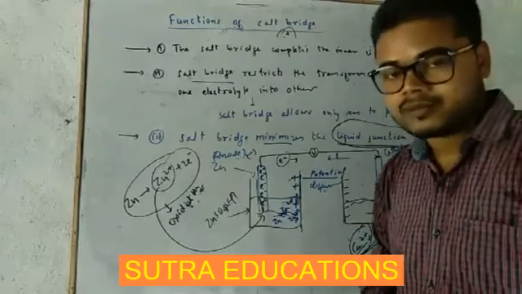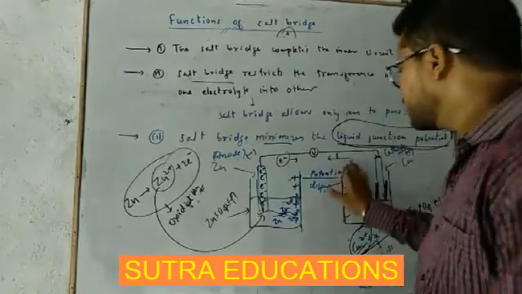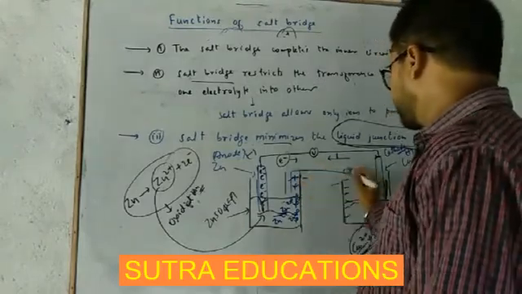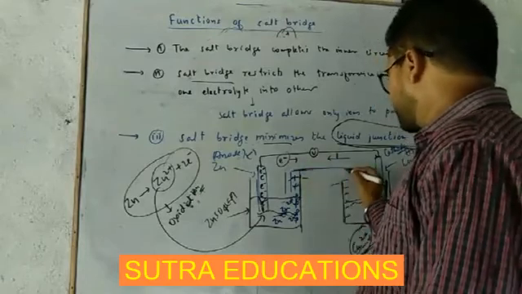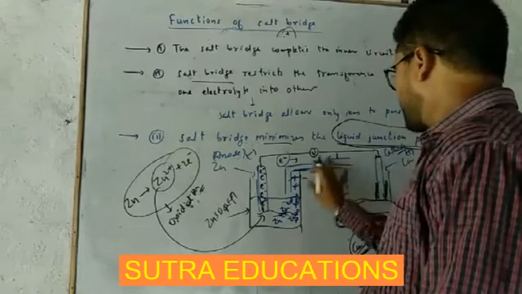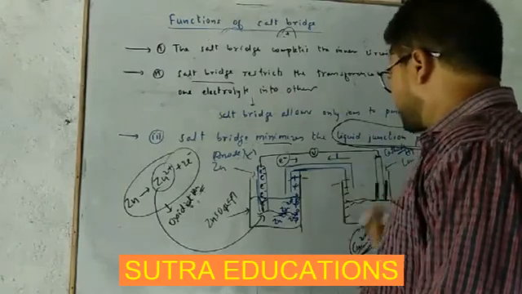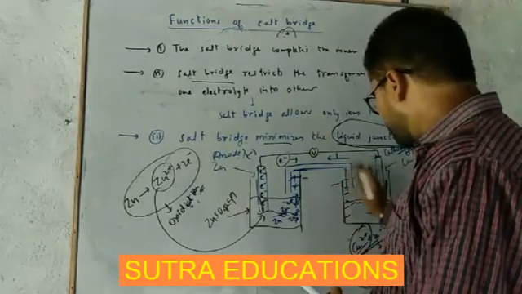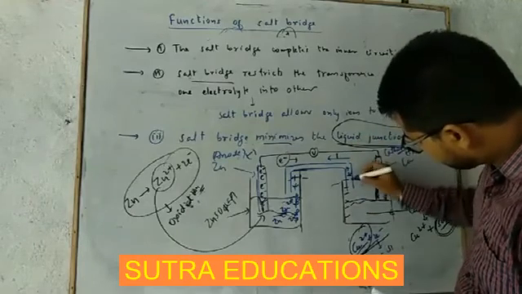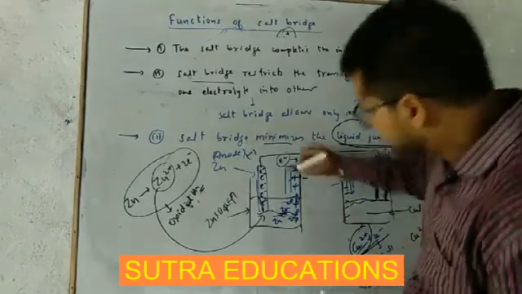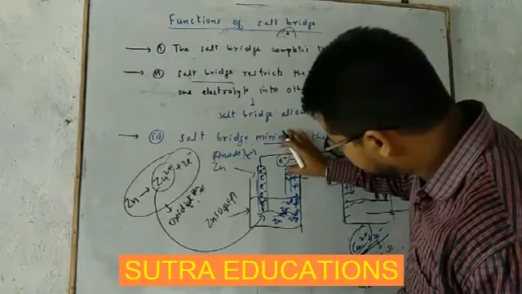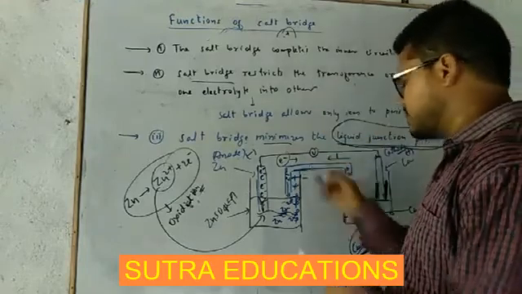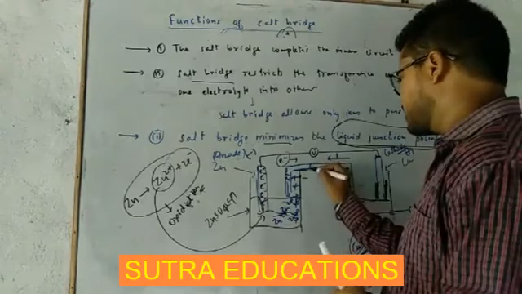How? We are going to add one salt bridge here. So when we will add salt bridge here, this is salt bridge, then I told you what will happen. K+ will come here through the salt bridge, and Cl- will come in this container through the salt bridge. We have used here KCl, means salt solution, KCl.